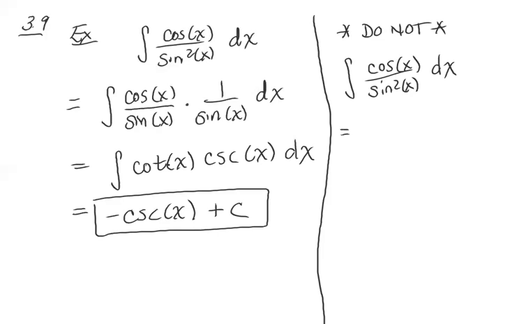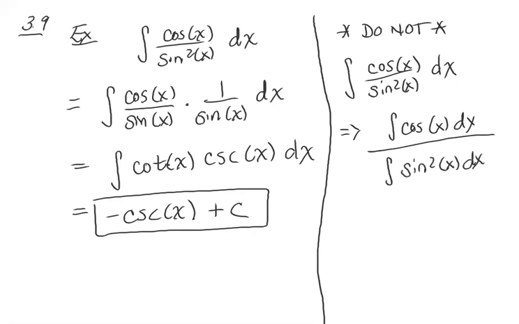You might be tempted to rewrite this as, say, the integral of cosine of x dx over the integral of sine squared of x dx, and then you might think, well, the integral of cosine is sine, right? Sine of x. The integral of sine is cosine, so the integral of sine squared, well, maybe that's negative cosine squared of x plus c.